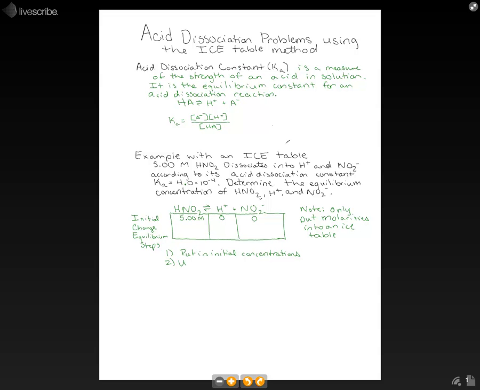Our second step is we're going to use stoichiometry coefficients to determine what change would occur if X amount of the acid dissociated.